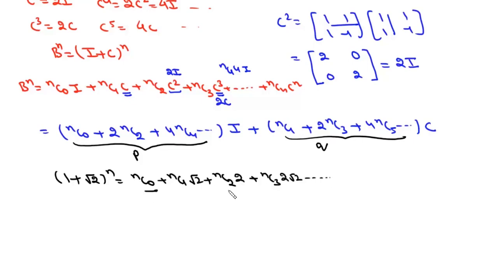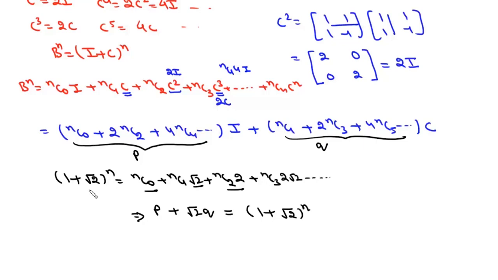Now if we consider these terms, this is nothing but P, and then if we take root 2 common, it will be Q. So we can write this as P plus root 2 Q. So the value of P plus root 2 Q will be simply (1 plus root 2) to the power n.